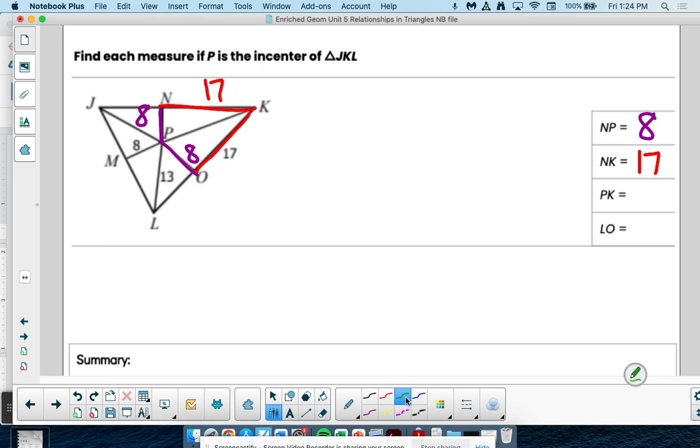Okay, let's see here. PK. What do you guys think for PK? Yeah, right. Don't forget that's a right angle there, so we're going to have to do the Pythagorean theorem. I sketch out that triangle below just so you remember what you're looking at here.